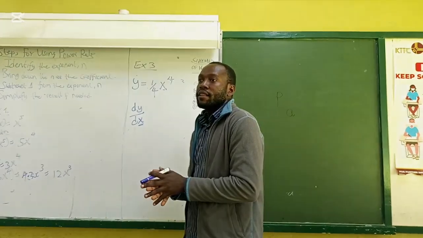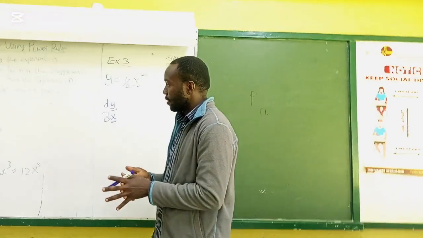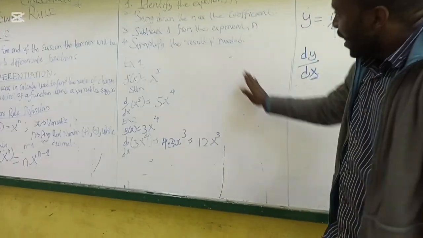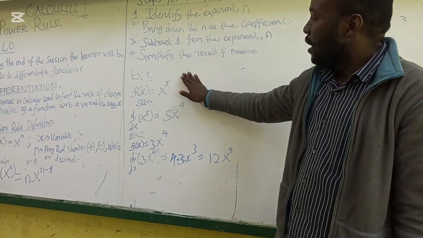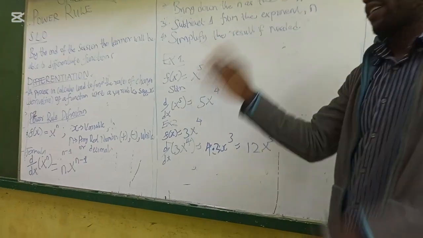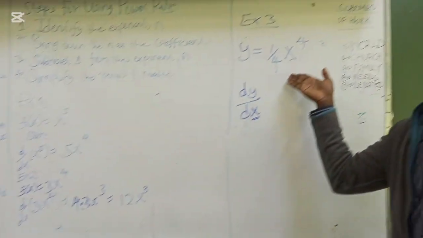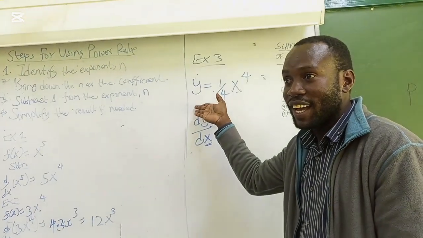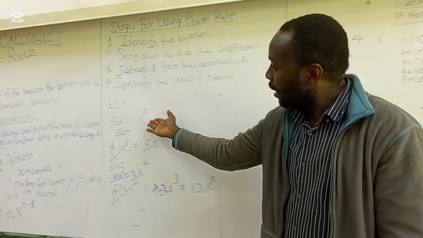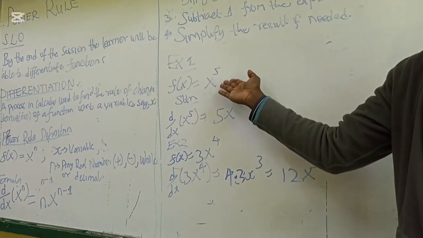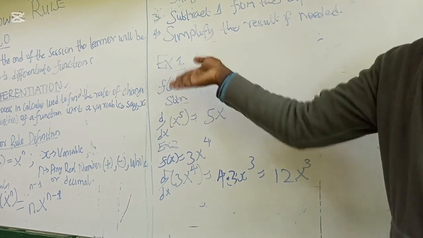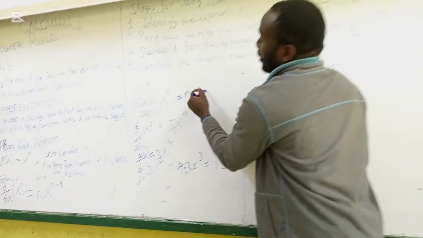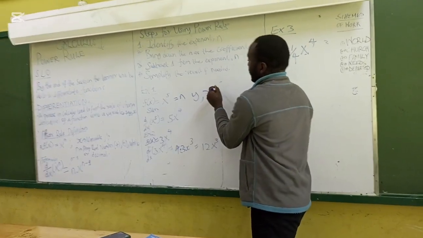A question. Why there you wrote f(x) and here you wrote y? Because here we were not given these functions. In simple terms, this is a function of x, and this function of x, we call it y. At this point, we were not told what the function of x will be.